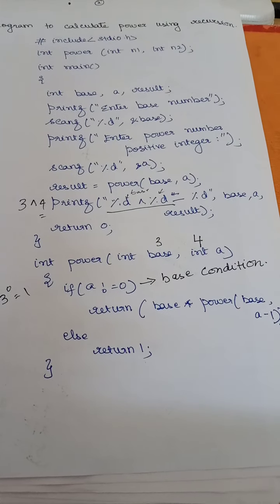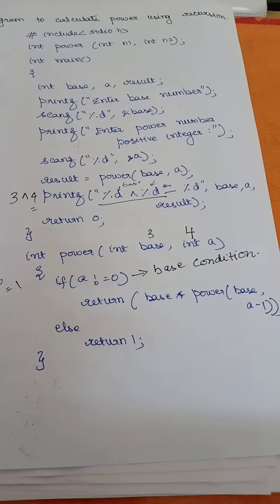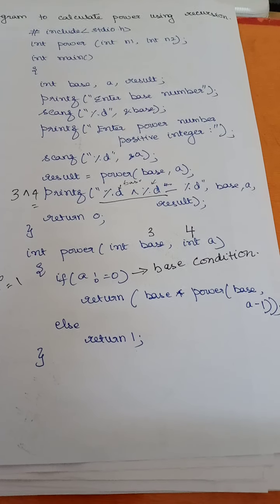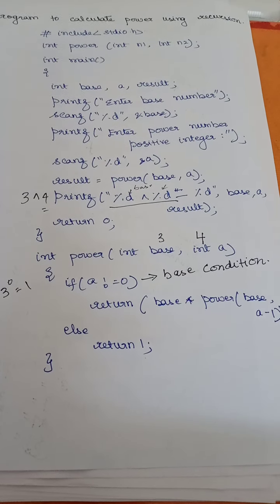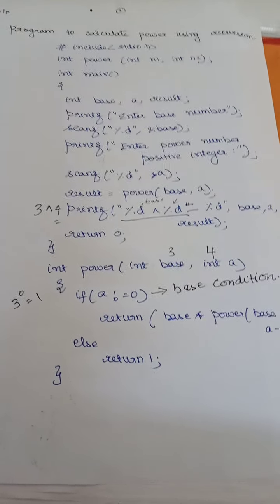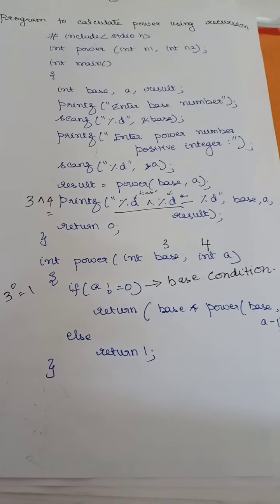We are not using the for loop. There we have used a for loop for i is equal to 1. We have started from 1, right? But anyway, there also you can include a condition if the power value is going to be 0, right? Now, this is the base condition we have.